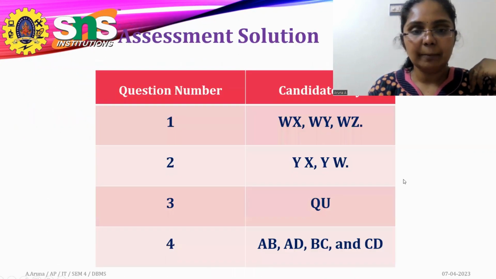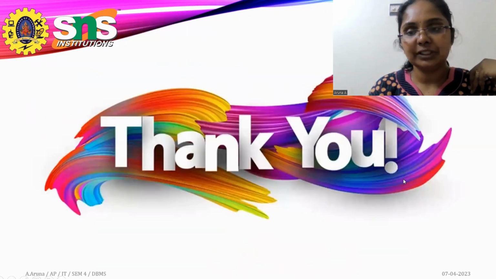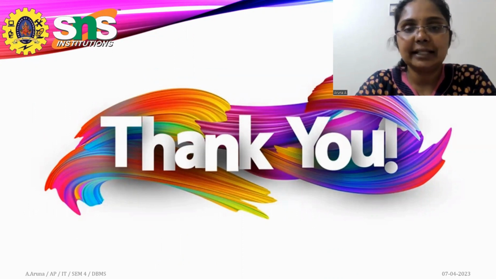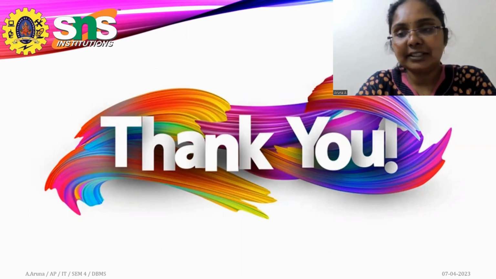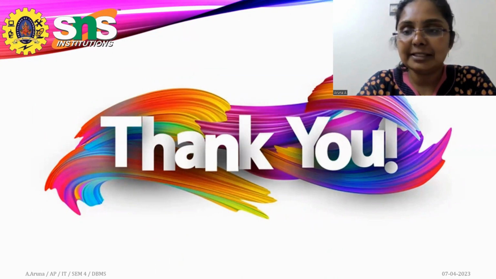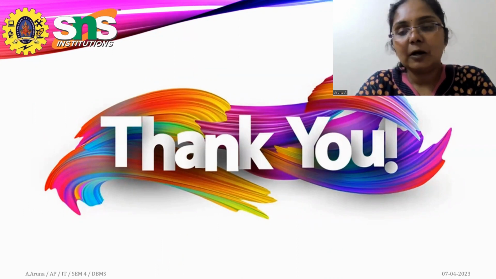These are the major things in closure sets. To conclude, the closure set is the set of attributes that is functionally derived from the given functional dependencies. That is the closure set of an attribute, and it is denoted by the symbol F plus. By using this, we can identify the super key and the candidate key.